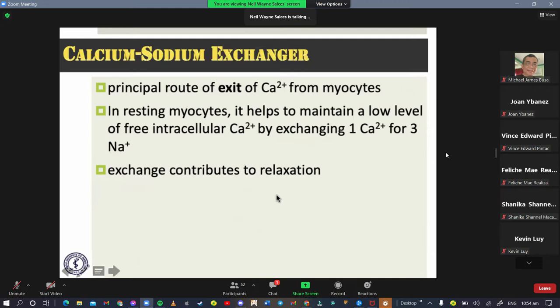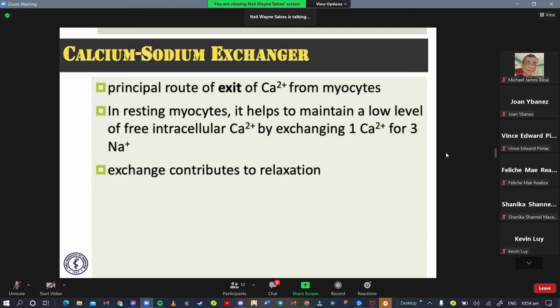Because of the calcium sodium exchanger, anything that causes your intracellular sodium to rise will secondarily cause your calcium to rise as well, causing a more forceful contraction. This is referred to then as the positive inotropic effect.